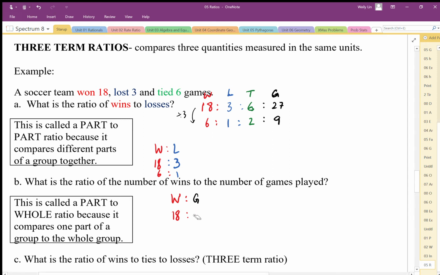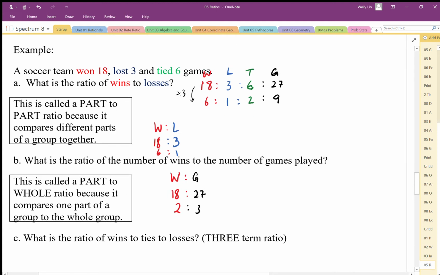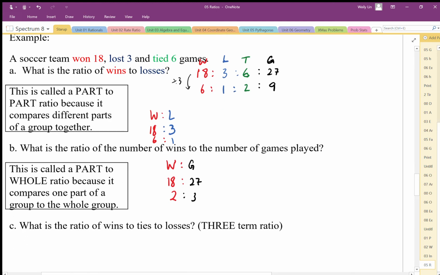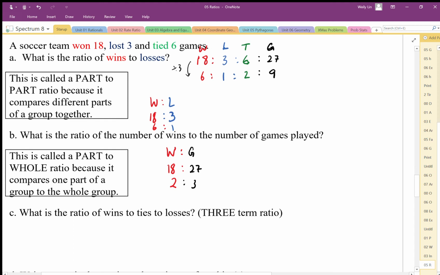We can simplify this ratio into 3 parts to 2 parts. So for every 3 games played, they win 2 games. And this is a part to whole ratio because we're talking about all these parts being added up into one whole group. And so we can break this 4-term ratio and just compare 2 of the terms.